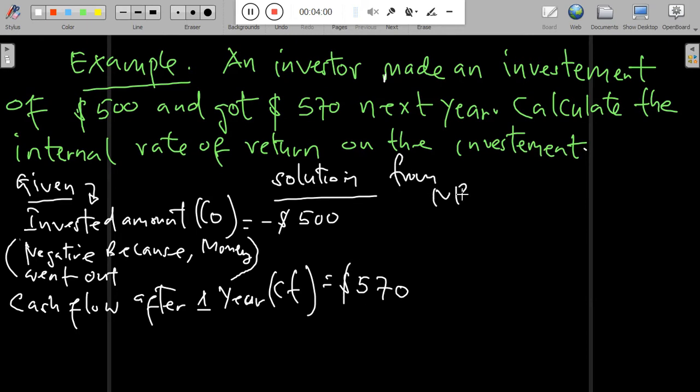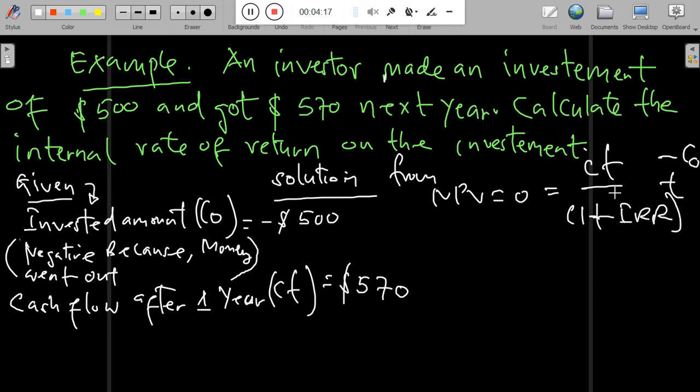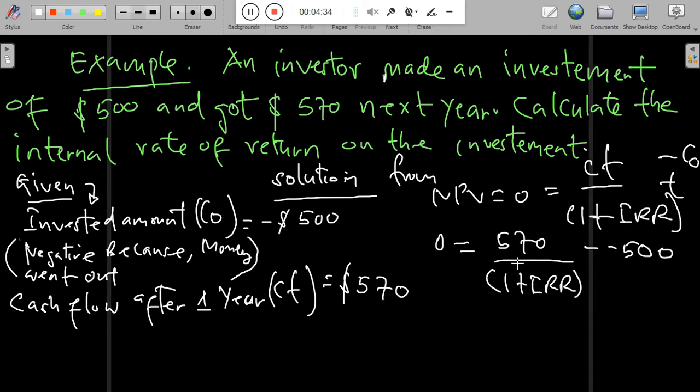So our net present value will be equal to our net cash flows divided by (1 plus internal rate of return) raised to the power of T, the number of periods of the project, minus CO, our initial investment. When you plug in, it will be 570 divided by (1 plus internal rate of return) minus negative 500.